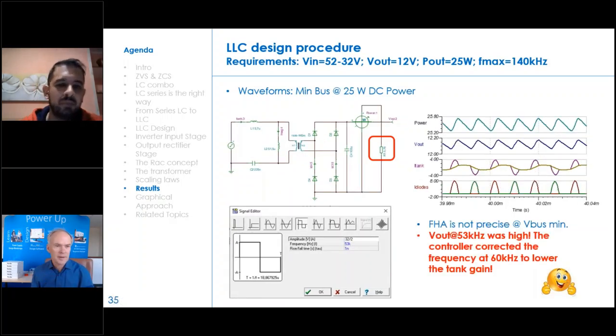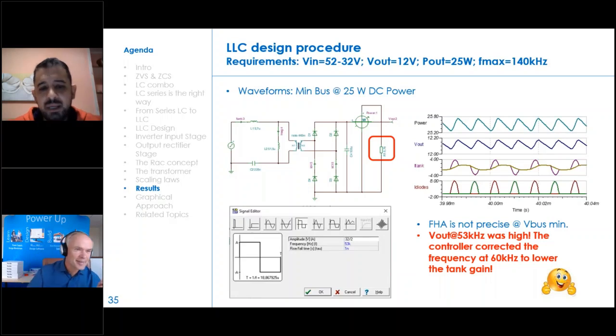Let's move to the minimum bus. Here we go with the results. Note how we get a good voltage regulation with the minimum DC power equal to 25 watts. Be careful with the input generator here as well. One important note: the first harmonic approximation is not precise at the minimum bus, in the sense that the output voltage I calculated at 53 kilohertz was slightly high.